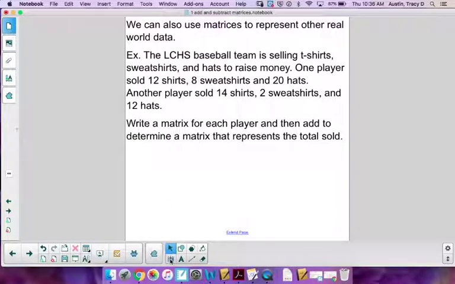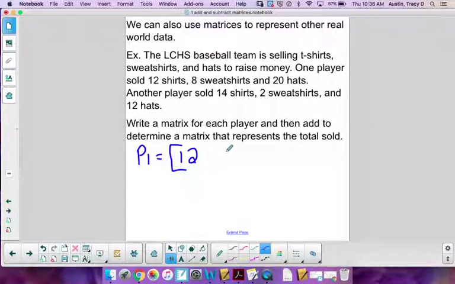So if I write this horizontally, then I'm going to say, okay, this is player 1, right? And this is his t-shirts, sweatshirts, and hats. And I'm going to label this t-shirts, sweatshirts, and hats, so that I know what it is that this matrix is talking about. Okay? And then I can do another one for player 2. And again, same order.